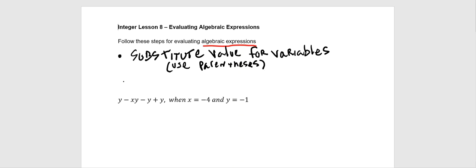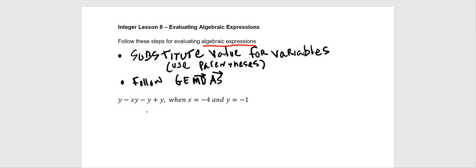And then after we do that, we just want to follow order of operations. So we want to follow GEMDAS. Our groupings, exponents, don't forget multiply and divide is left to right, followed by adding and subtracting left to right. So this is a natural progression from what we did yesterday.